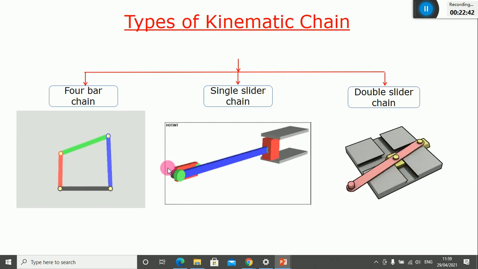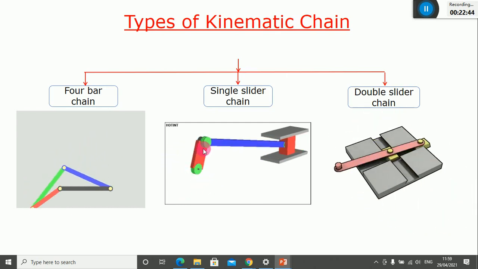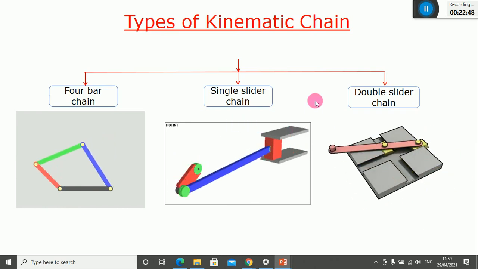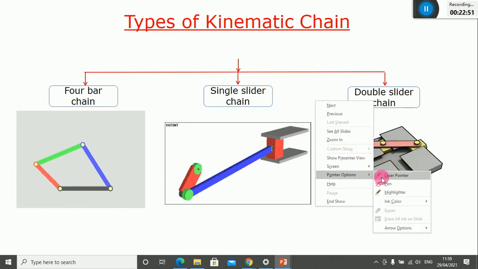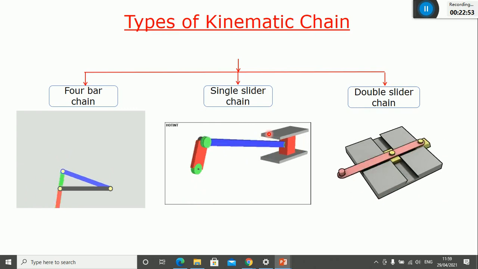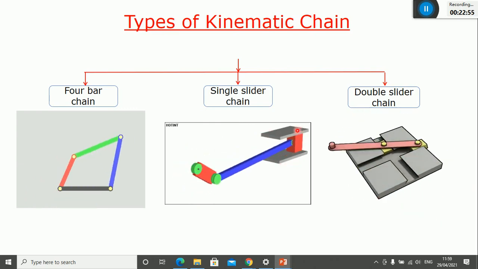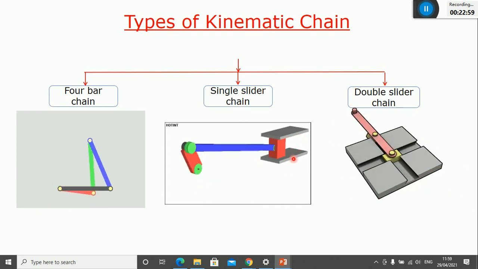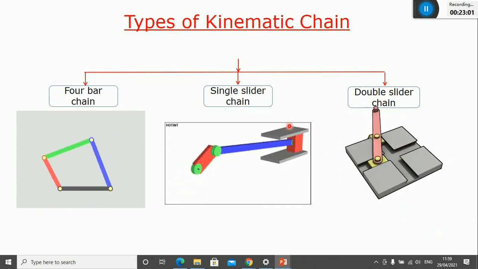Just check all the other parts, they have a rotary path at the joints. Since it has only a single slider or a single piston, I can call it a single slider chain. In the next slides I'll explain in detail what a single slider is.